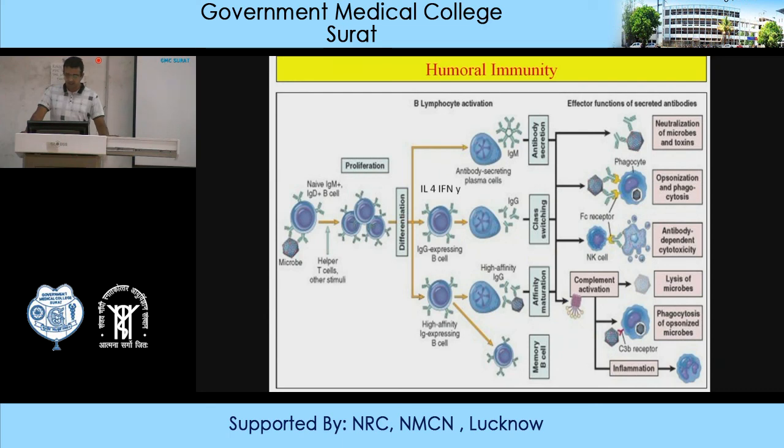They also induce antibody-dependent cytotoxicity with the help of NK cells, and kill the infected cells. They also activate the complement system, and it induces complement dependent lysis of infected cells with the help of C3b receptor. So this is how the humoral immunity works.